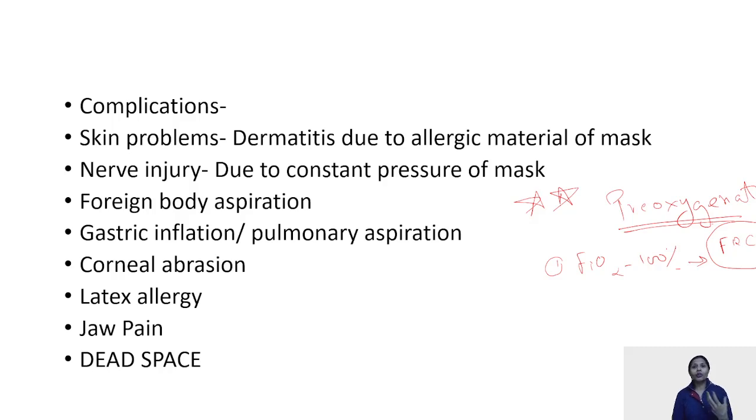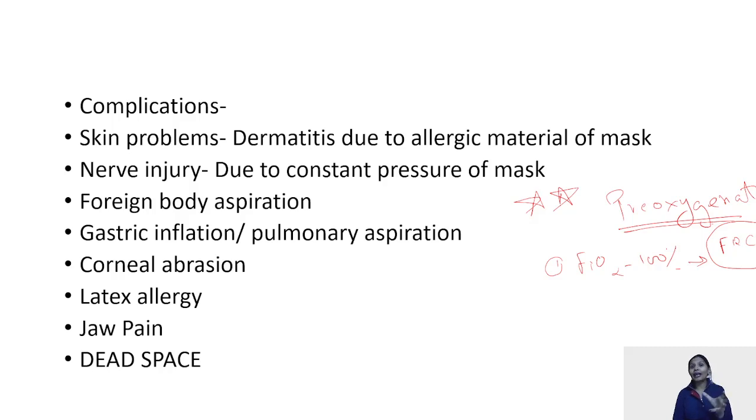It has to be full of oxygen so that we can buy the apneic time, the time we take for intubation when the person is not being ventilated or is under the effect of muscle relaxants and is not having any breaths of its own, and we are also not providing any positive pressure ventilation because we are intubating that patient.